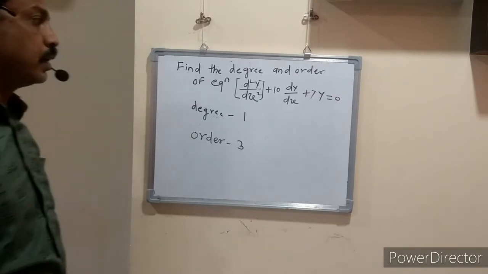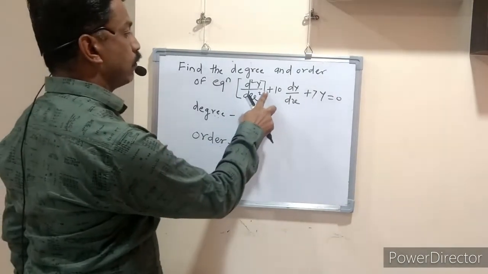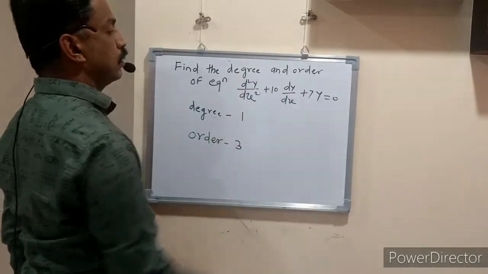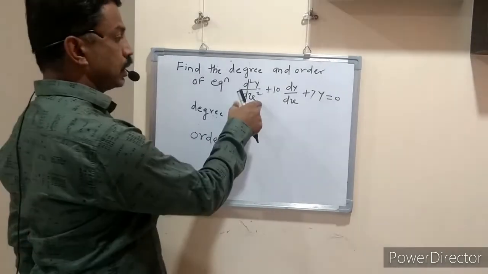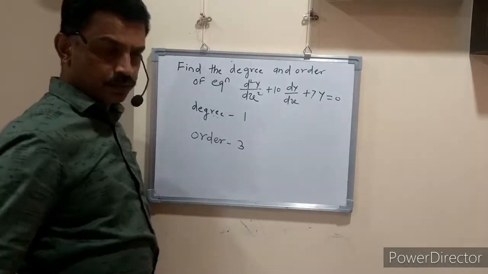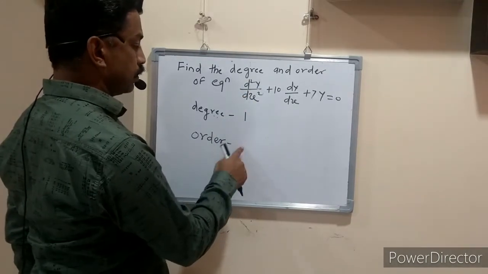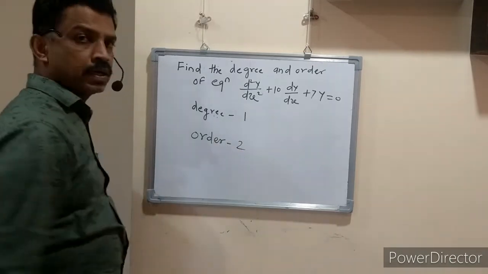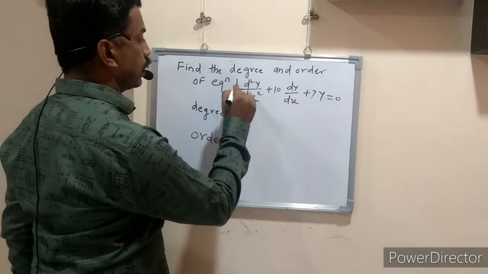Now again if such type of bracket is not given, then we should take its bracket. So here d2y by dx square, the power of the highest derivative is 1, so the degree is 1. The order of the highest derivative is 2, therefore this is a first degree and second order differential equation.